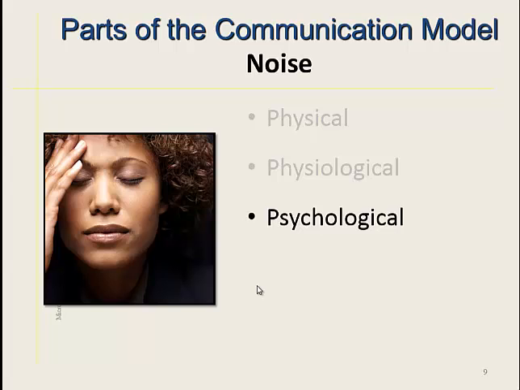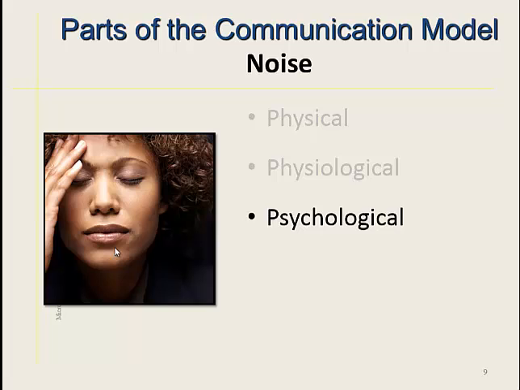Psychological noise would be ADD. Distracted from the message. I can't attend to the message. I am inattentive to it. It could also be if this person was annoyed, annoyance, emotions. Those would all be psychological noise. If your psychological noise was too loud, you would have a hard time really hearing the message.